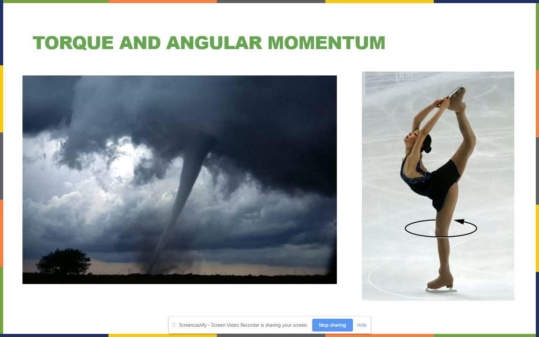So Newton's first law gave us the law of inertia, saying that things will stay in constant motion unless a force acts on it. Then Newton's second law said that the relationship between the acceleration produced by a force and the force itself is the mass. That is, the acceleration is the net force divided by mass.